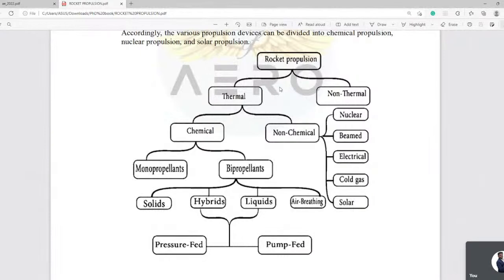Why do we have a convergent-divergent nozzle for rocket propulsion or a rocket engine? As I have said in aerodynamics also, it helps to provide better kinetic energy when the Mach number is more than 1.